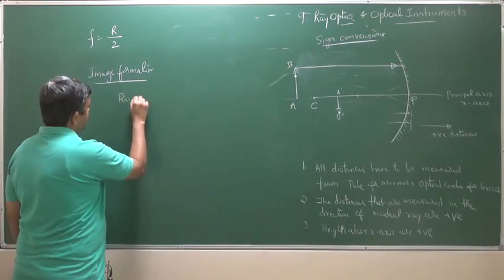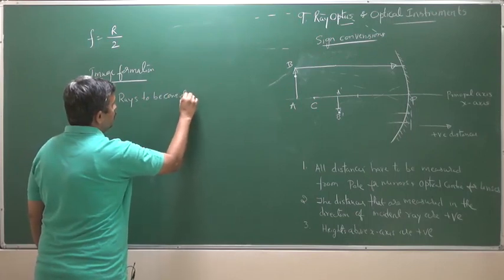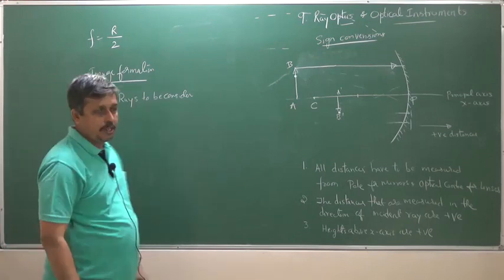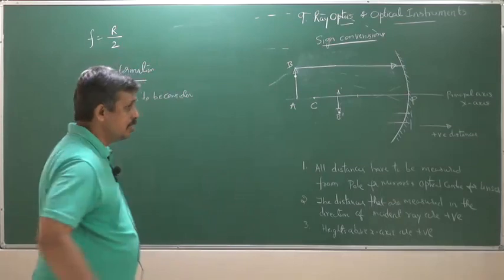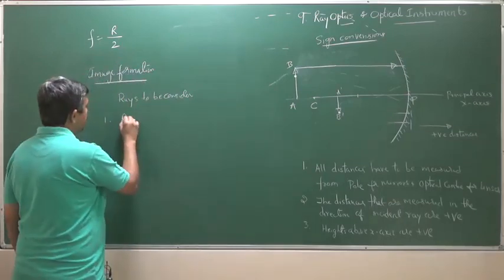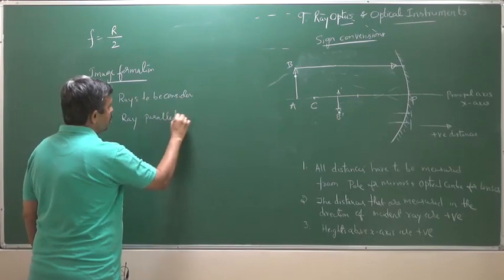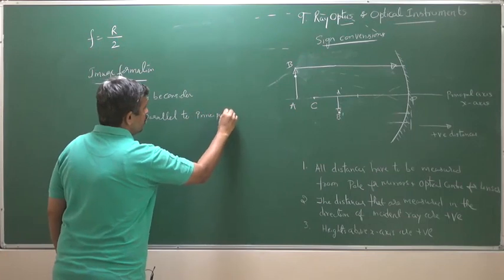Rays to be considered for image formation. Out of these 4, any 2 you can take. 1. Ray parallel to principal axis. The first ray.